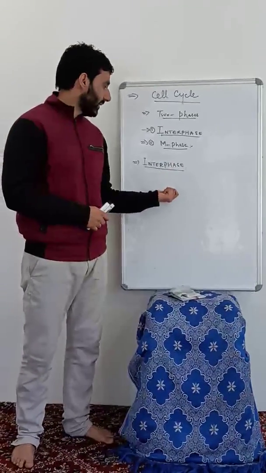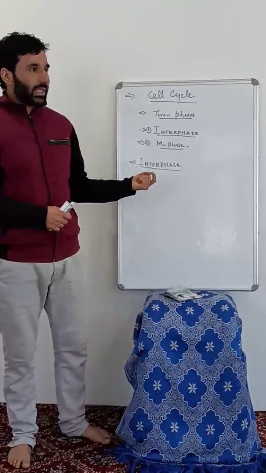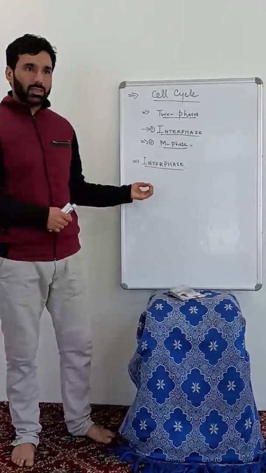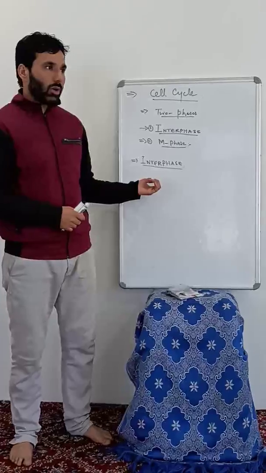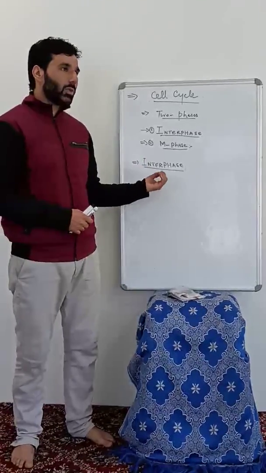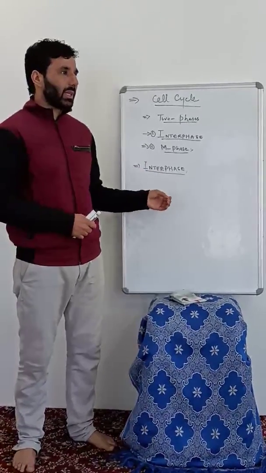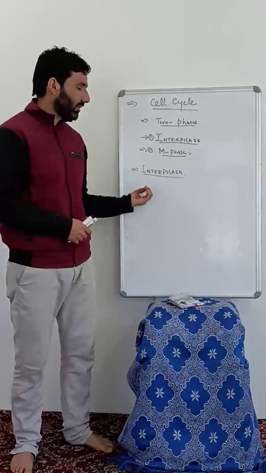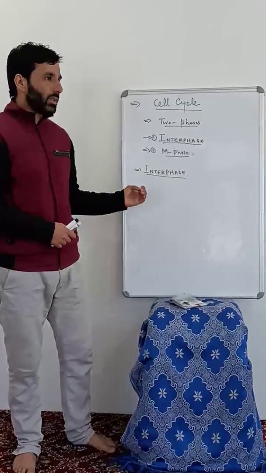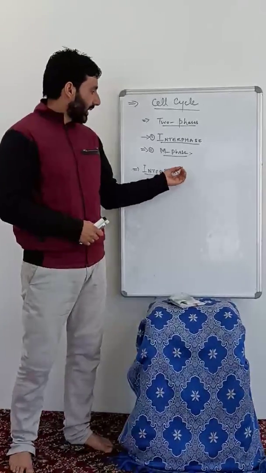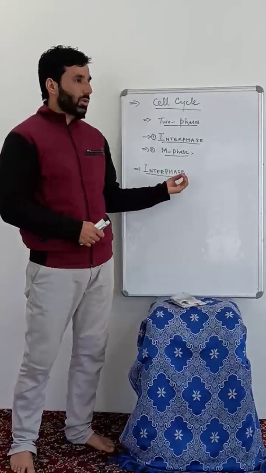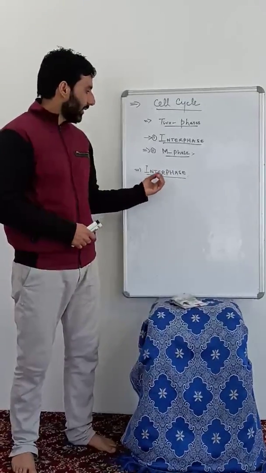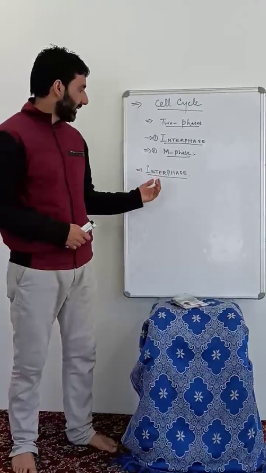The changes taking place in this phase are not visible to the eye, and that's why it was thought to be a resting phase. But very important changes take place during this phase.